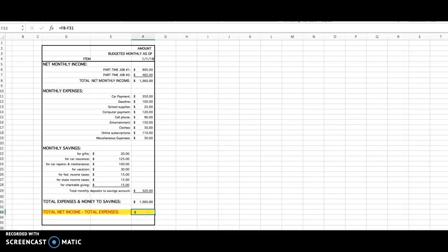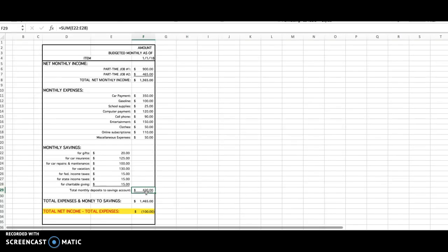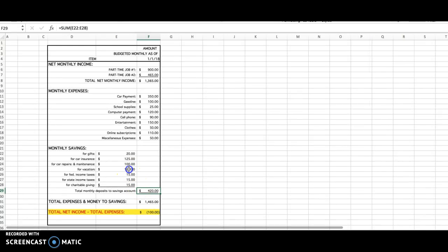Again, the advantage of doing this is you've got a plan and you've got the expenses covered and you've got money left over for savings, so you're doing pretty well with this budget. And it's easy to change things. For example, if you decide you're going on a bigger vacation and you need not $30, but you need $130, again, you can see how much you need to put into savings in order to allow for that.